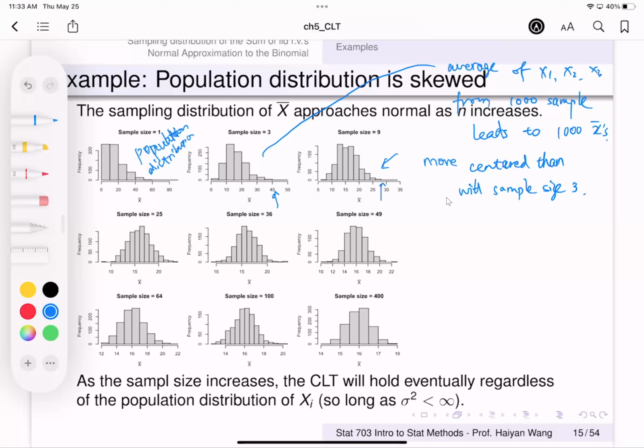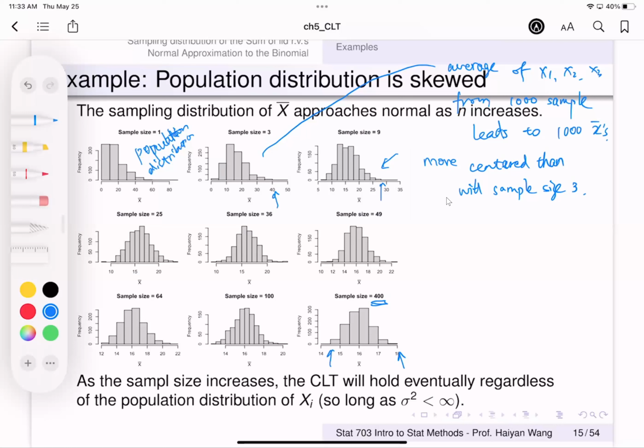If you look further down, like 25, 36, and 49, these values become smaller and smaller. With a sample size of 400, the upper positive value is about 18 and the lower positive value is about 14.5.